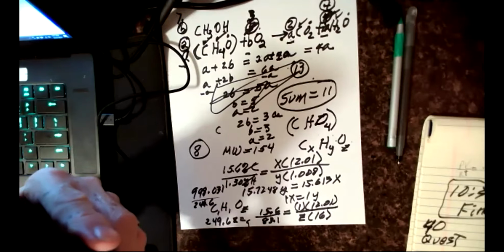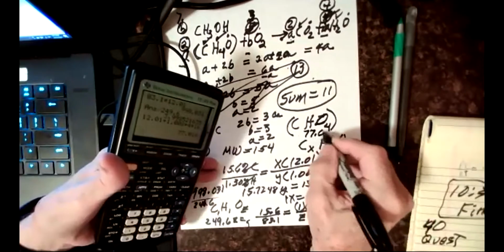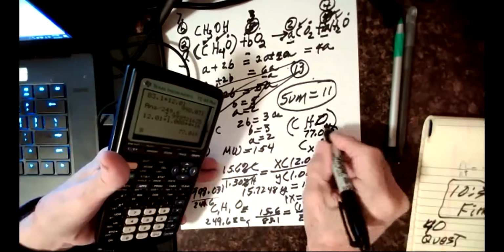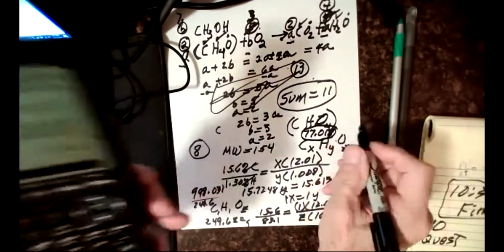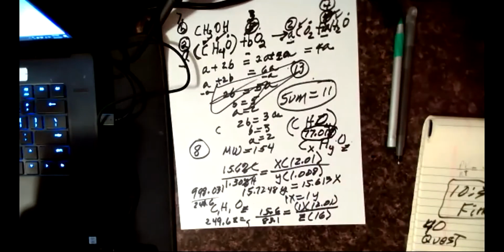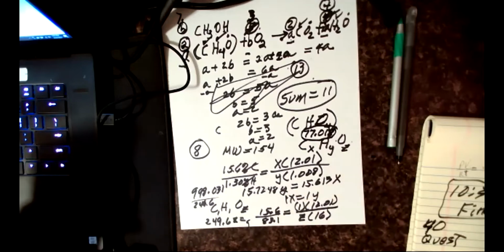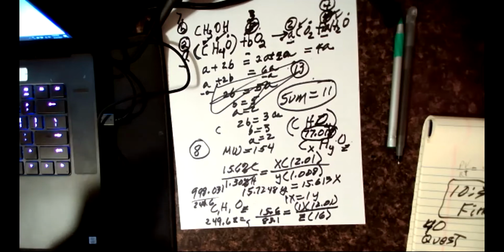The molecular weight of that is 77.018. Now, the molecular weight given is 154. So if I divide 154 by that answer, it comes out 2. So it doubles the formula.